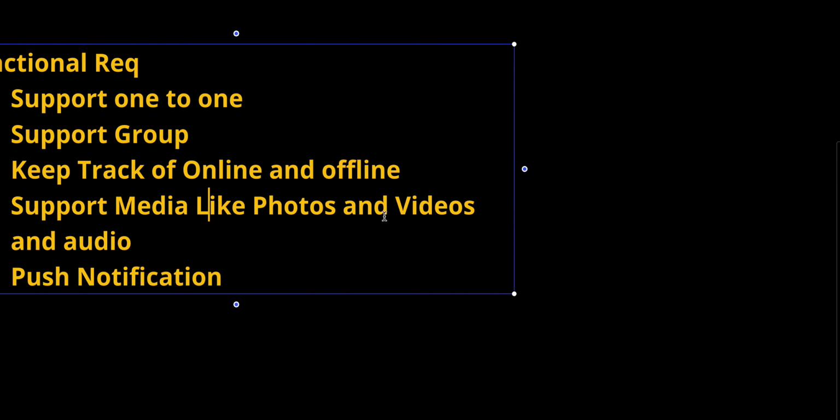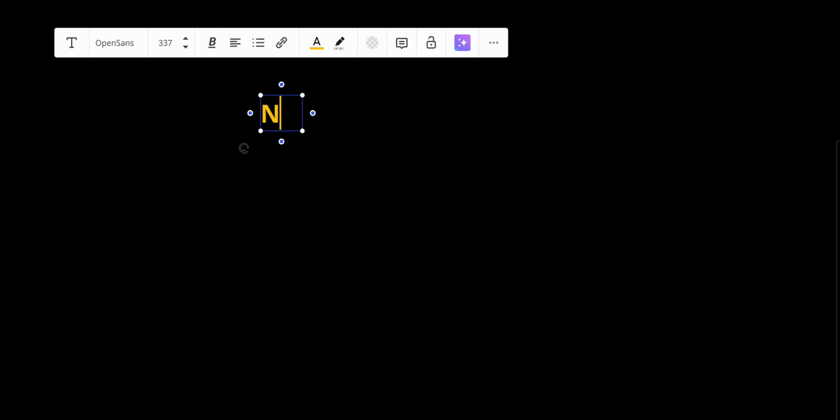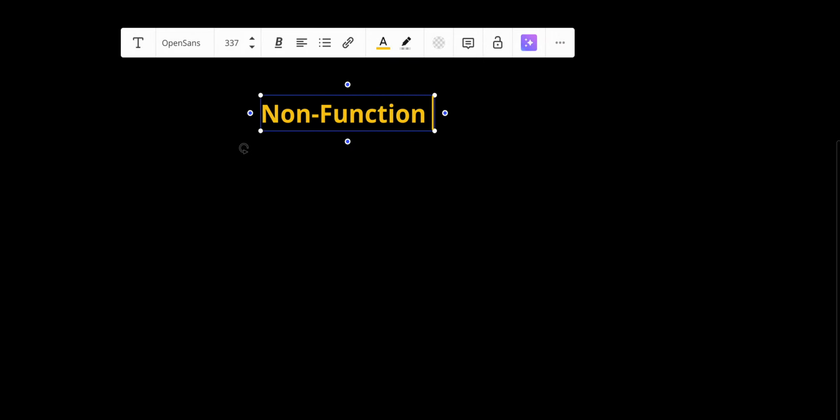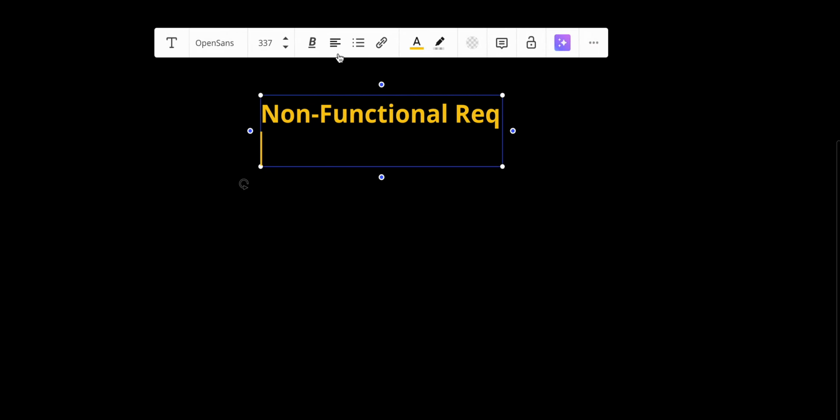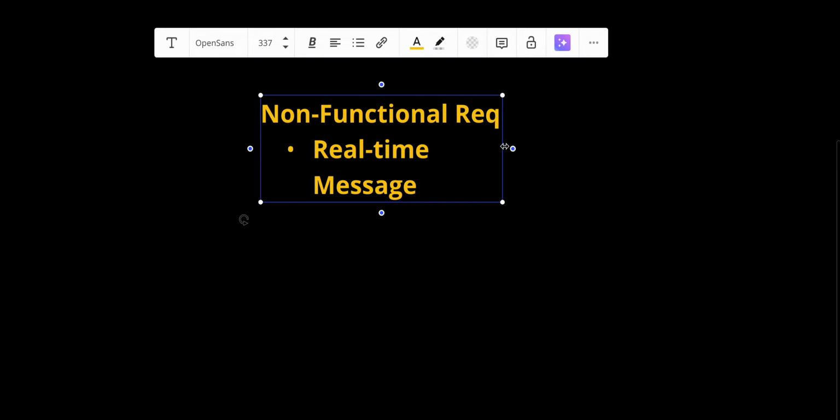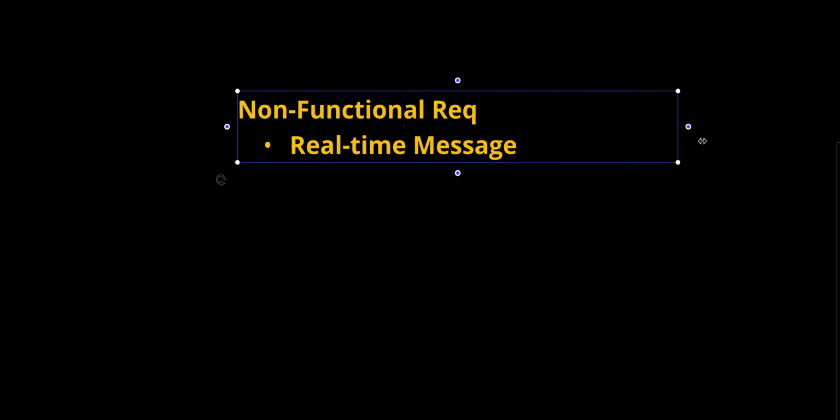Okay, so next let's start adding the non-functional requirements. I would say let's add the first thing: I guess we need to have real-time messages, so we need to have very low latency.